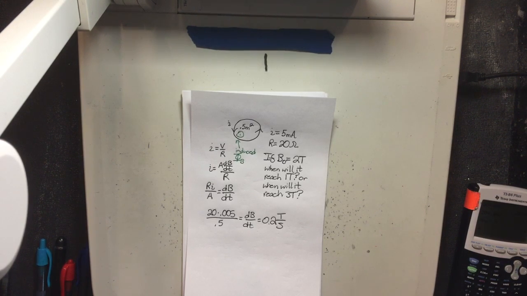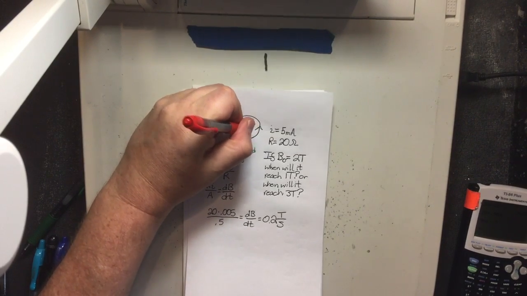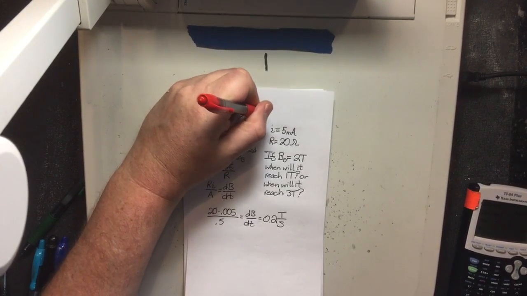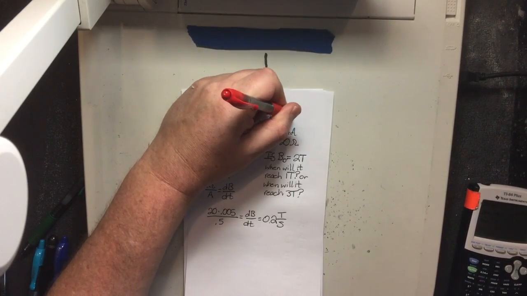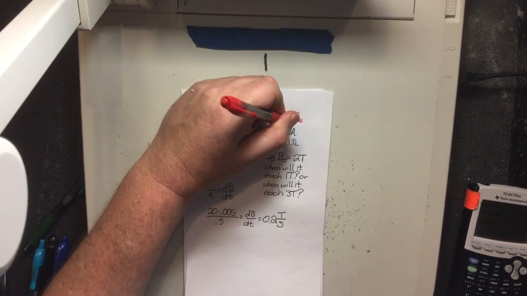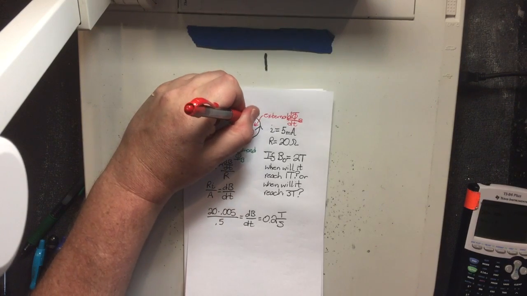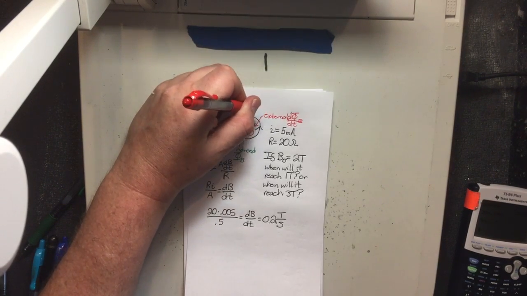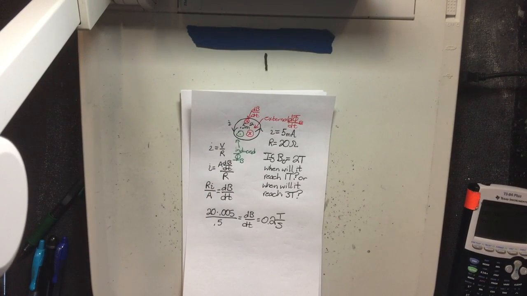So if it's coming out, that means the external change in flux with respect to time is going in. The only way that you can get it if the area is constant is if the dB dt is also going in.